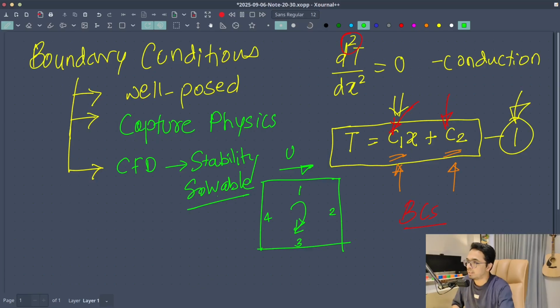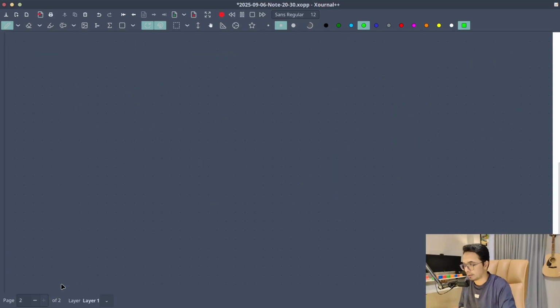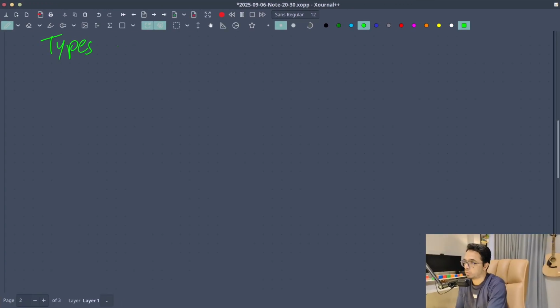Having said that, now let us talk about the different types of boundary conditions. There are a lot of types of boundary conditions, but as a new user, fundamentally there are 3 types.